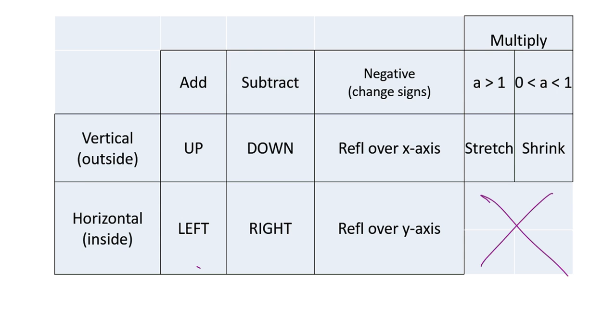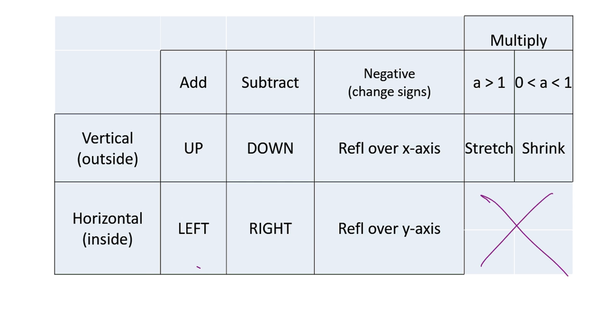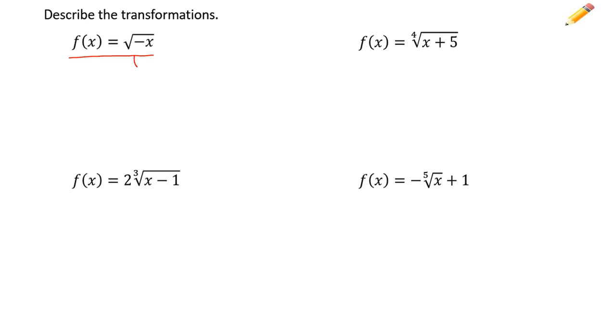So, looking at an example, right here, f of x equals the square root of negative x. So, first question you have to ask is, did that change? So this right here, this negative is the change. Normally it's just square root of x. Negative inside.